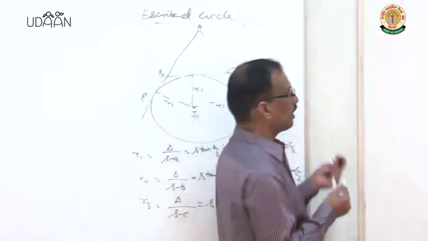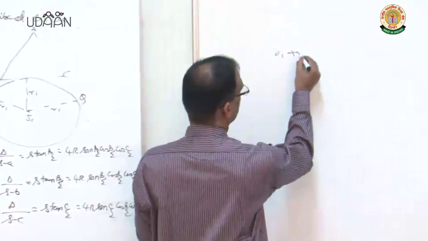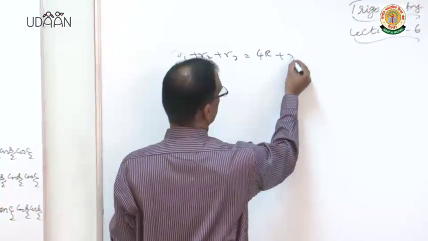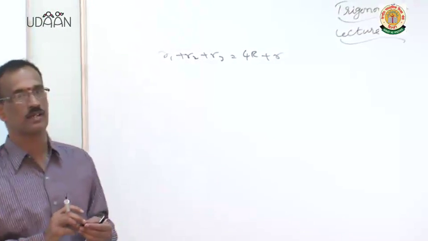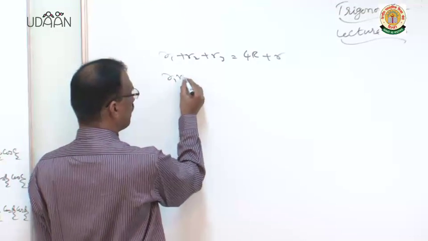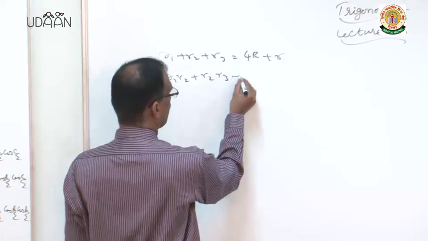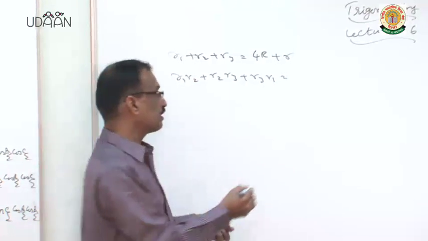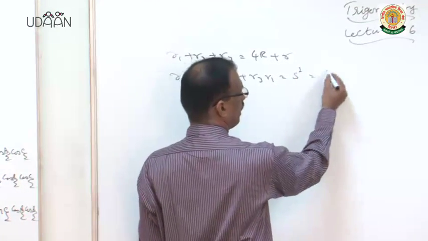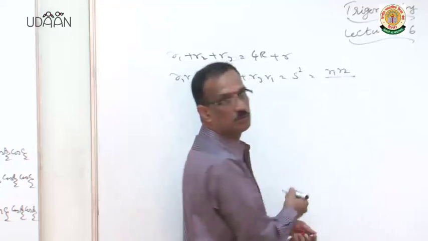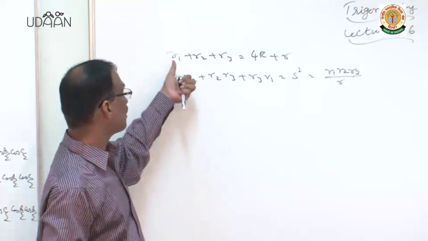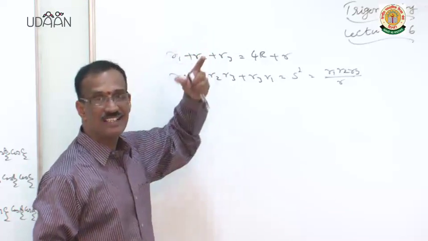Now, what will be R1 plus R2 plus R3? That is equal to 4R plus r. Another one, R1R2 plus R2R3 plus R3R1 equals S square, and r R1 R2 R3 by R. So these are the relations between the escribed circles.